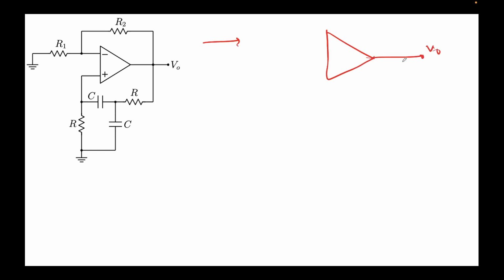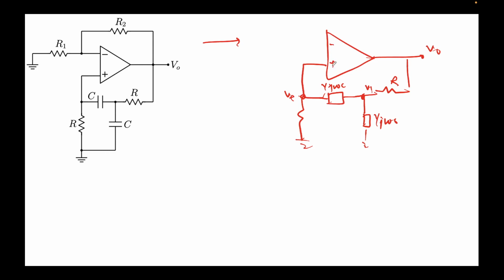This is V0, this will remain as R, this I'll write as 1 over j omega C, and this also as 1 over j omega C. This will be a resistance, and then this will be like this. This we noted V1, this was V plus, this is negative, this is positive, and let's just ground this.